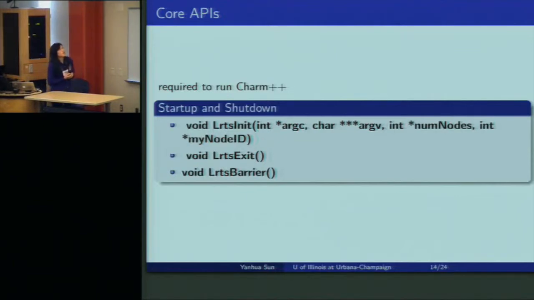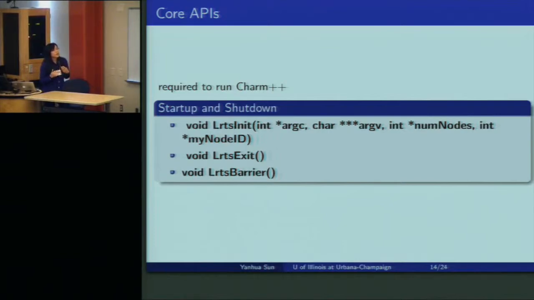LRTS functions are divided into core APIs and extended APIs. The core APIs are required to be implemented to run the basics of Charm. The extended APIs are mainly for performance optimization.